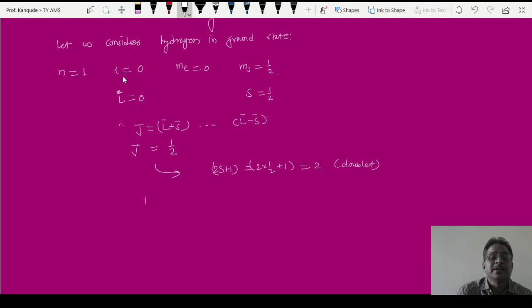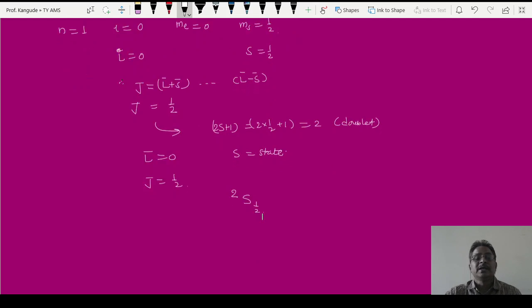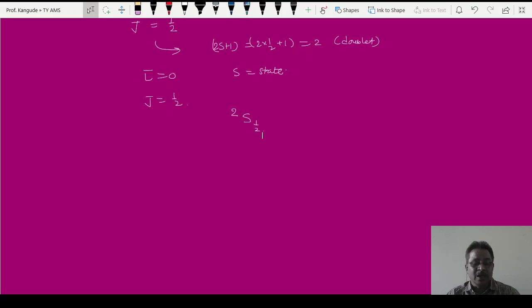Since L is equal to 0, it is an S state, and J is equal to 1/2. Therefore the quantum state of the hydrogen ground state is written as doublet capital S half. That is how I have written the ground state of this hydrogen atom.